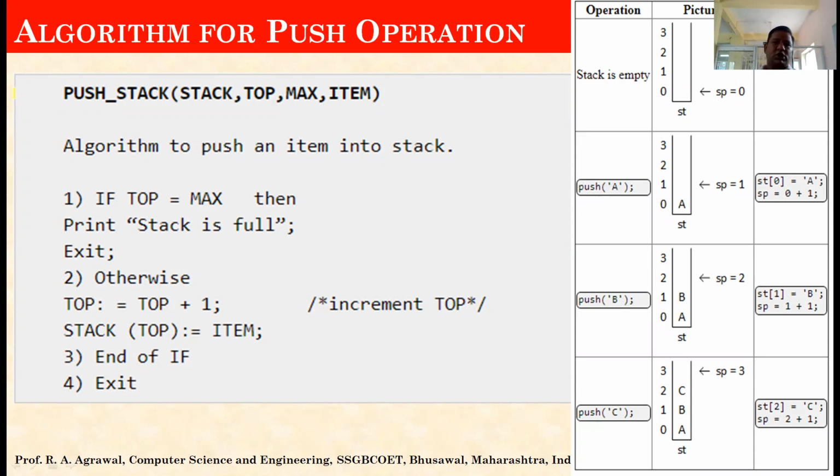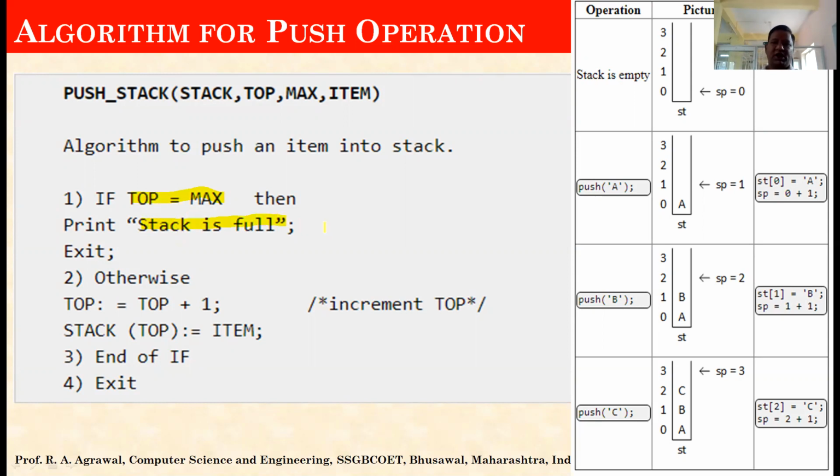Whenever you are talking about the algorithm, the first operation is the push operation. During push operation, you will check whether top is pointing to the max size. If so, it will represent an error called stack is full or stack overflow.